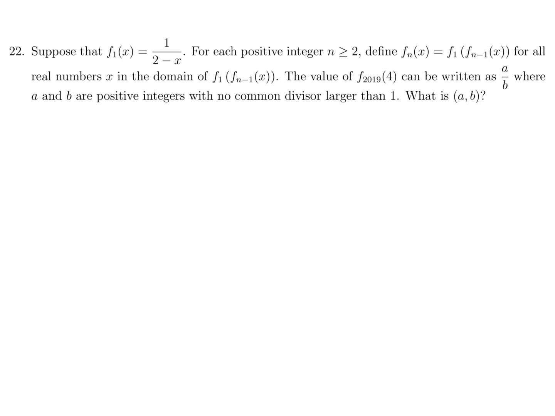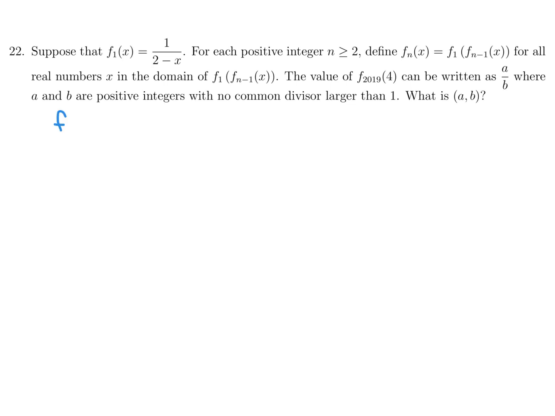The value of f sub 2019 at 4 can be written as a over b. What is a times b? All right, so here we go.